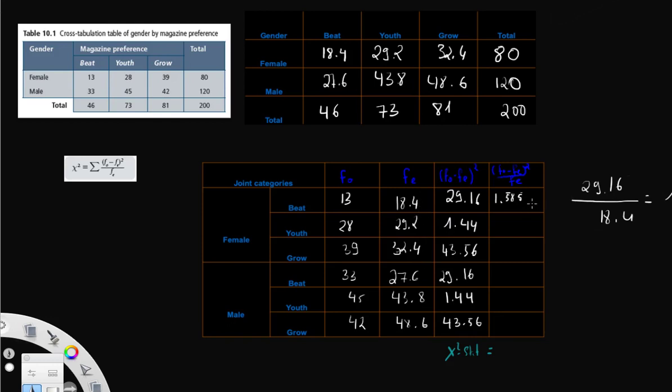If you considered more, it should change a little, but not a lot. We will more or less just get the same answer in the end. And for this one, 1.44, and I'll divide it by 29.2, and this should give me something along this 0.049, and I'm going to write it here.